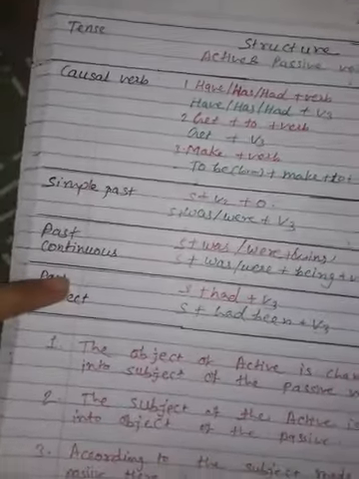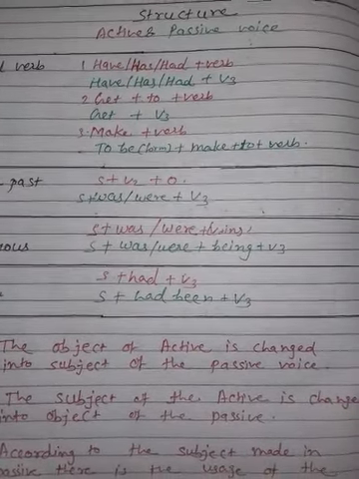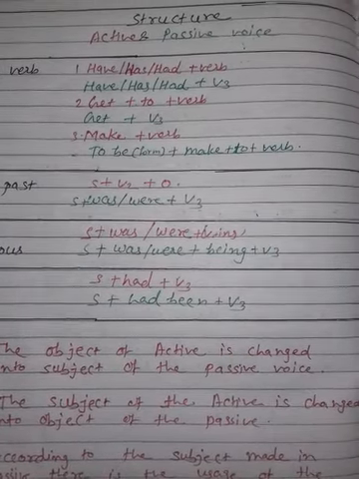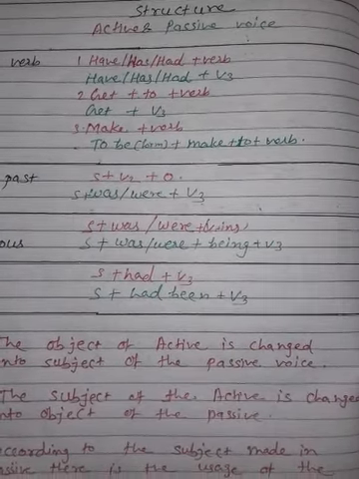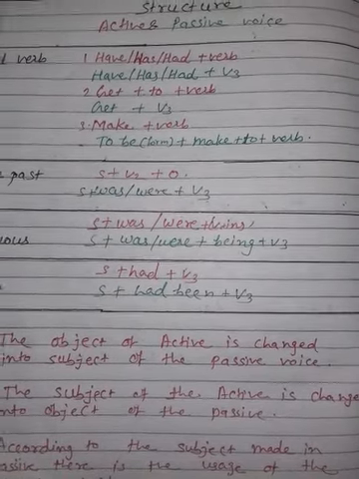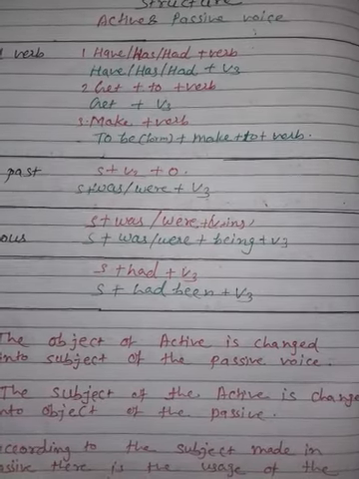Now past continuous tense: subject plus was plus verb plus the ing form, and when we change into passive voice, subject plus was plus being and v3, the third form of the verb. Always remember, subject becomes object and object becomes subject when we change into passive voice.